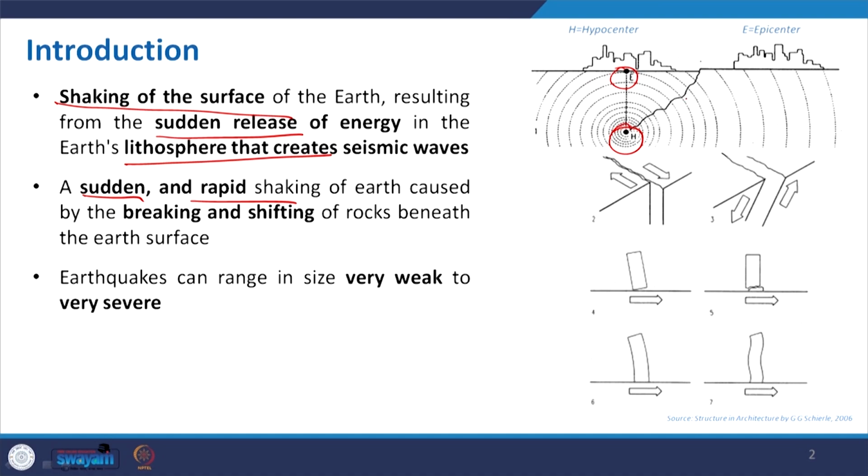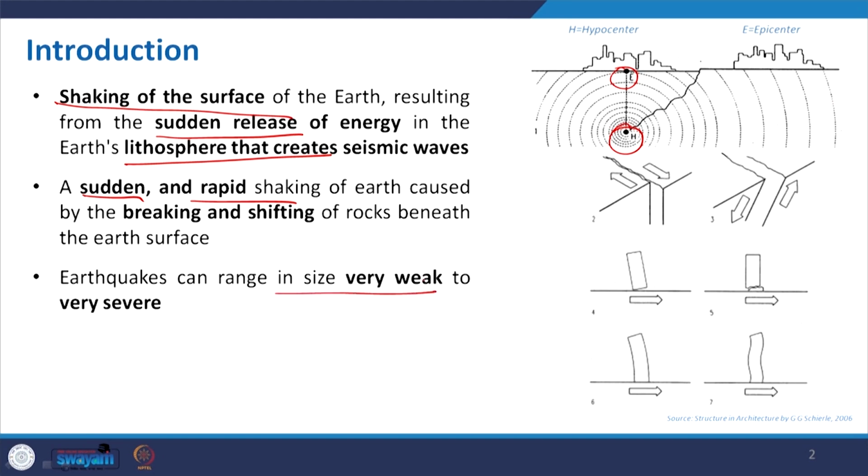That will propagate with waves and can expand over a large area. As we can see in this slide, the scale of the earthquake may be very weak, such that we cannot feel it.